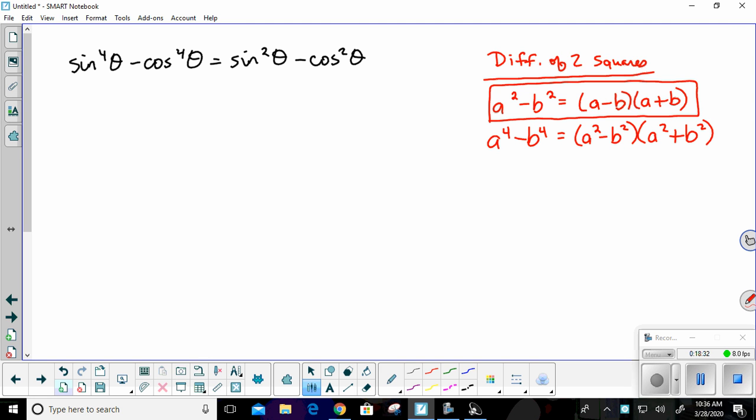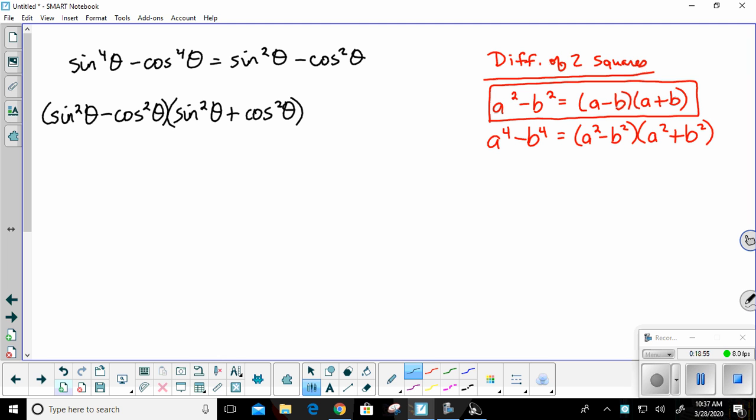So sine to the 4th theta minus cosine to the 4th theta would factor down to sine squared theta minus cosine squared theta times sine squared theta plus cosine squared theta. Once again, that stinking trig identity keeps cropping up.